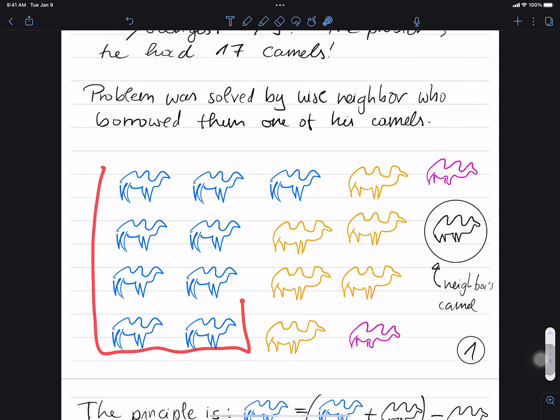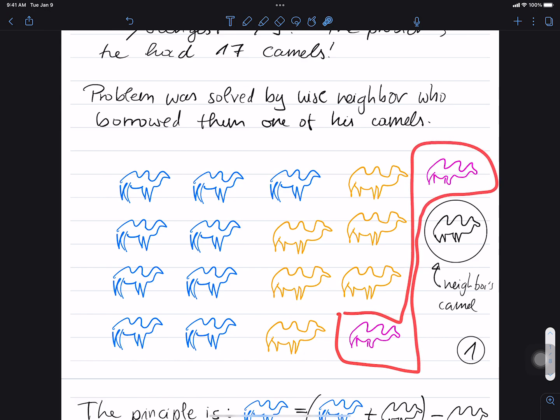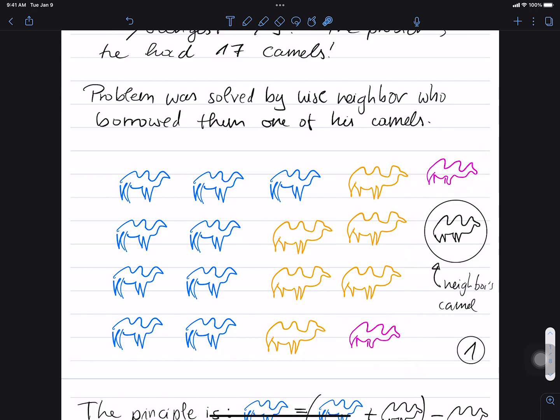They could take half of the camels, which was nine. They could take one third of the camels, that was six, and then they could take one ninth of the camels, that was just two. And they could fulfill their father's will and gave the camel back to the neighbor.